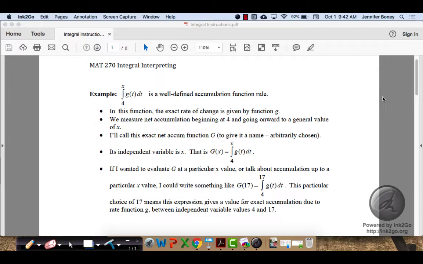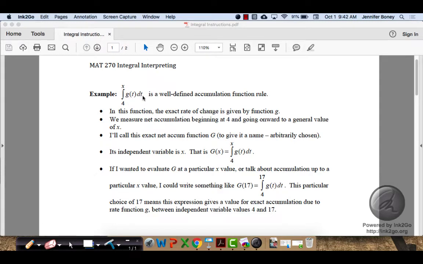I could also express accumulation from 1 onward to a general x. So this expression, just to recap, would represent exact net accumulation from 4 to any general x beyond that, where the rate of change function that causes the accumulation is given by function g.